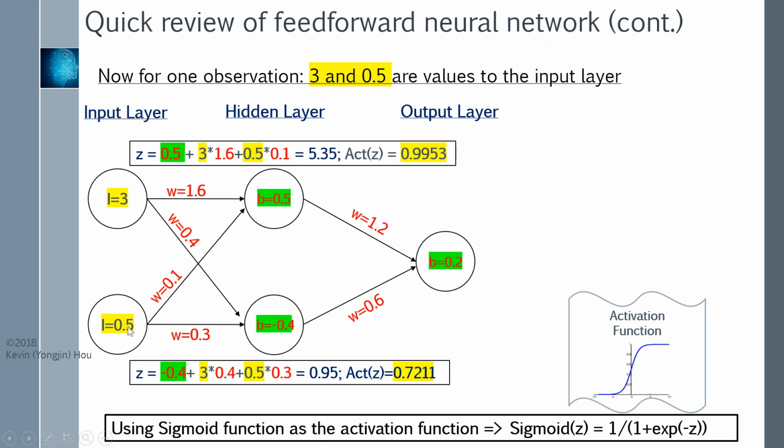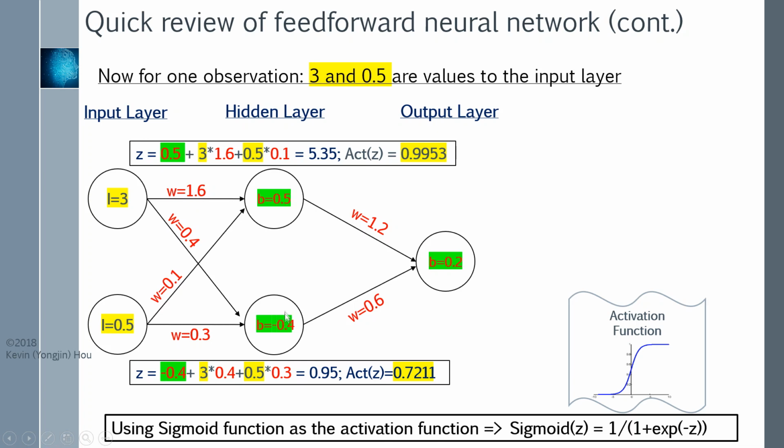It also gets the input 0.5 with a weight of 0.3. With all the inputs, weights and threshold together, we derived a z value of 0.95. And again, if we plug it into the activation function here, this gives us something like 0.7211.